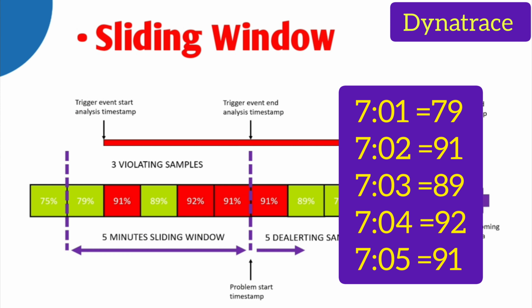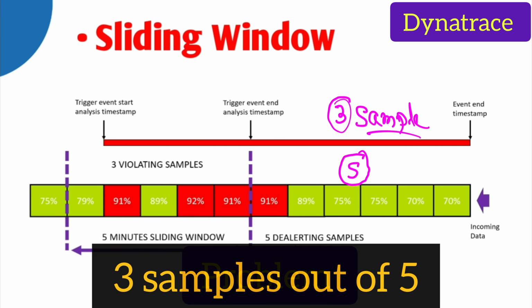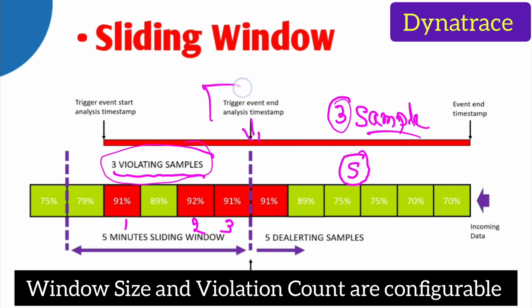It means before triggering an alert, Dynatrace verifies samples. If 3 samples out of 5 are violated, then it will trigger an alert. 3 violating samples, 1, 2, 3. If 3 samples are violated with a metric value, then it is going to trigger an event. Here you can see, trigger event and analyze the timestamp. This is how it will trigger the alert.